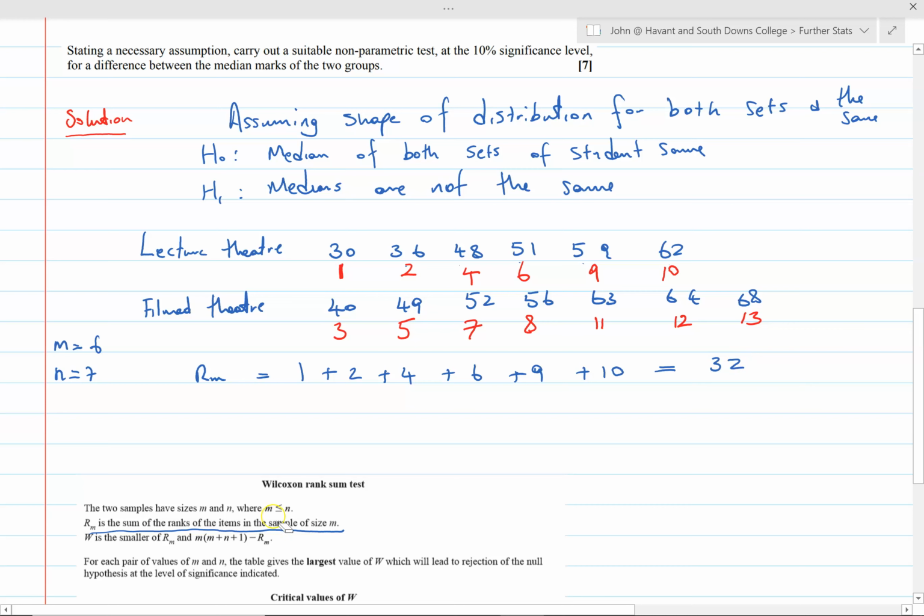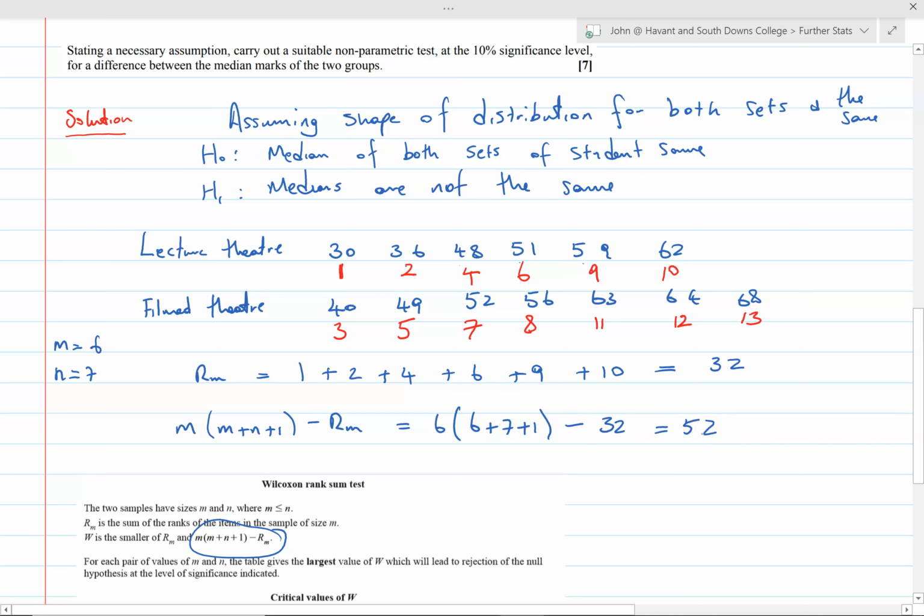Then you work out this quantity here. It seems a bit strange, but I'll talk a bit about that in a moment. Minus Rm. So that's equal to, m is equal to 6, times 6 plus 7 plus 1, take away the Rm, which is 32, which is 52.